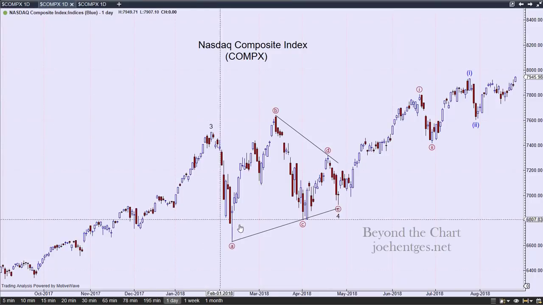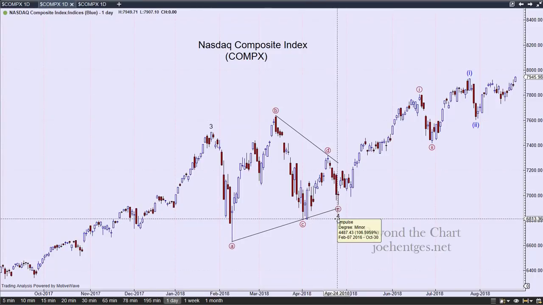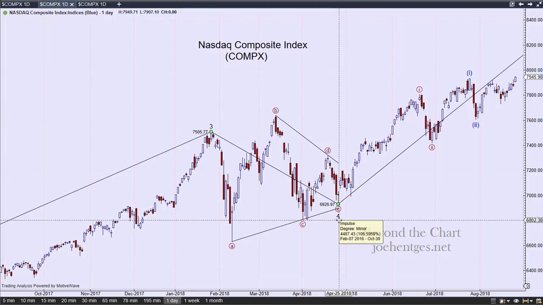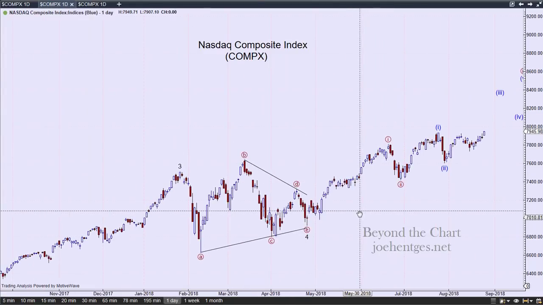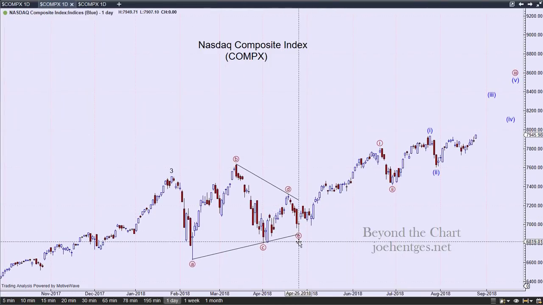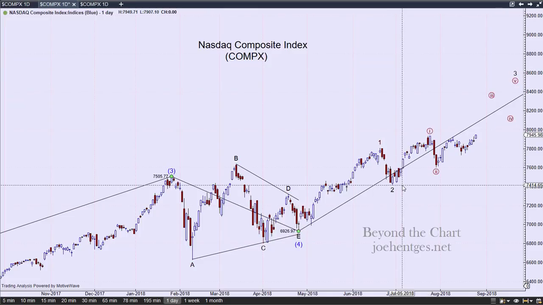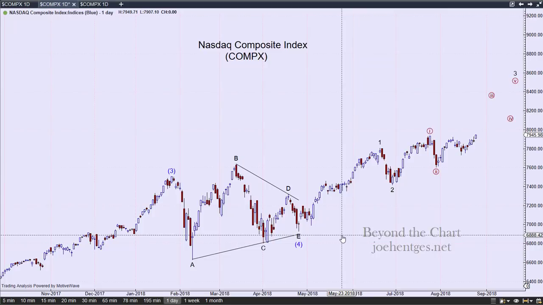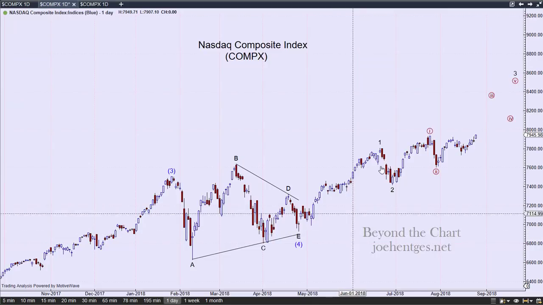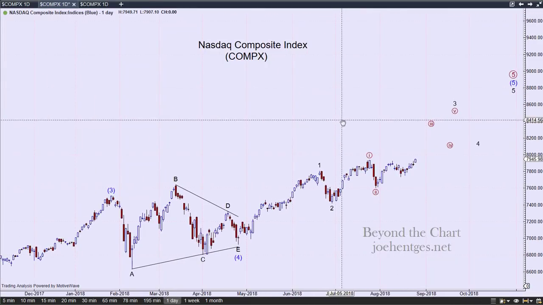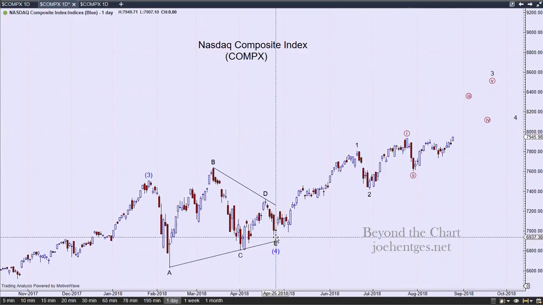If you look at the alternate count, this says wave 4 in here, and I've got it as minor wave. I could have it as intermediate. Actually, you know what? Let's make it intermediate, and therefore it's in sync with what's happening on the other scenario. This shows it ending on, what is that, April 25th.